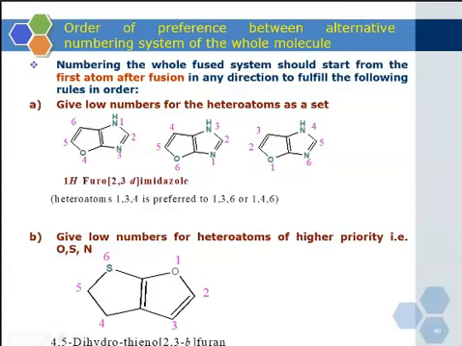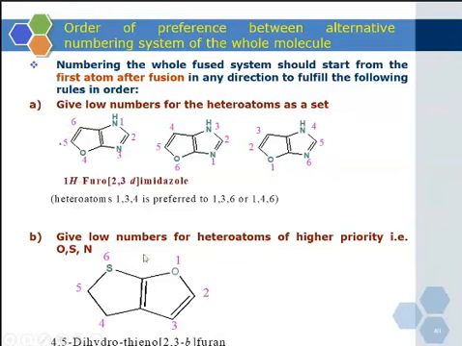Okay, here if we compare all the 3 methods of numbering, then we can see that the numbering where position 1, 3, 4 is given to the 3 heteroatoms is preferred over 136 or 146, because here the 3 heteroatoms occupy comparatively lower possible numbers as compared to these 2 methods of numbering. Clear? So this one is the correct method of numbering.